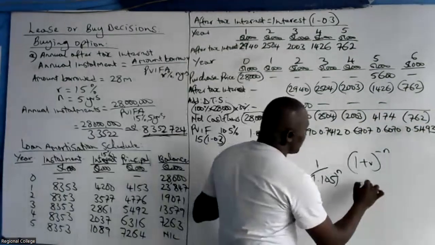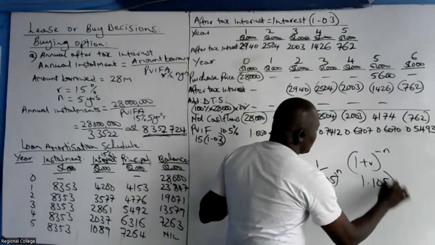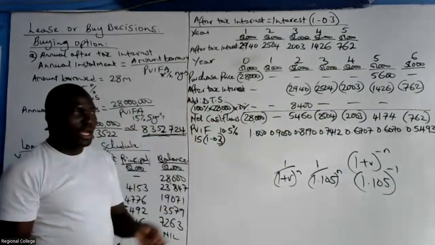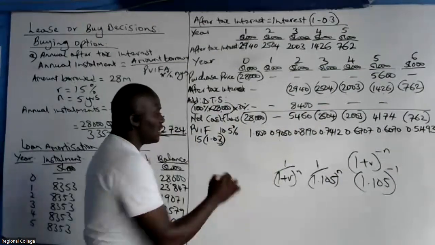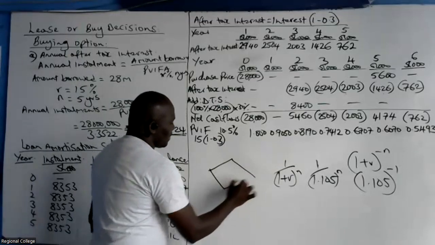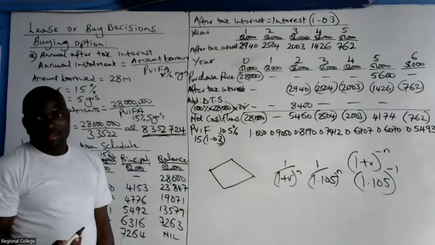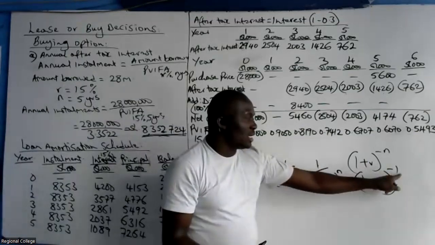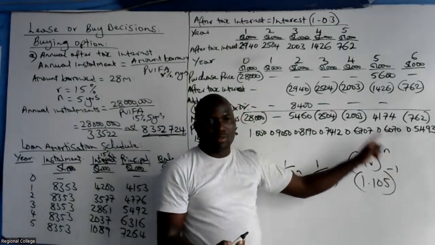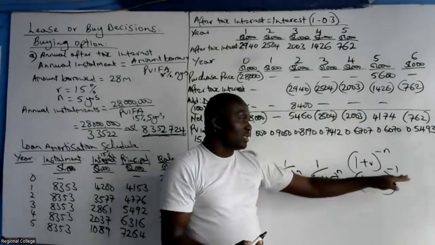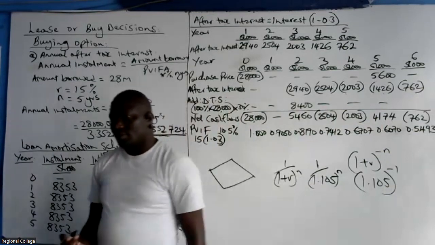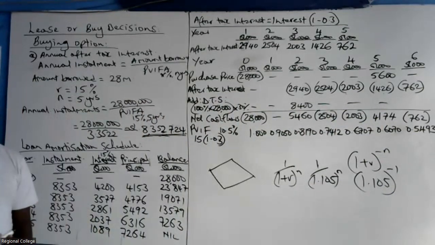For the first year, 1.105 raised to negative 1. Then I use the replay function, go back and replace 1 with 2 to get the second, then replace with 3, and continue like that. Either way, what matters is the answer.